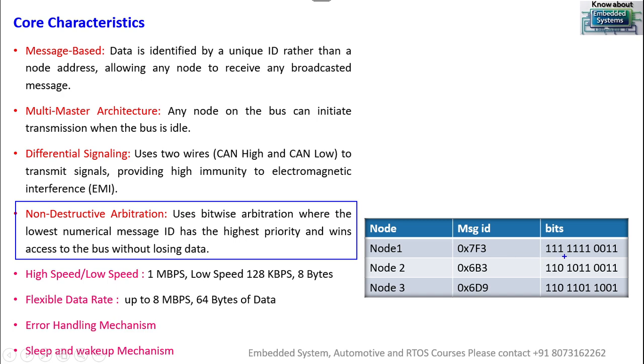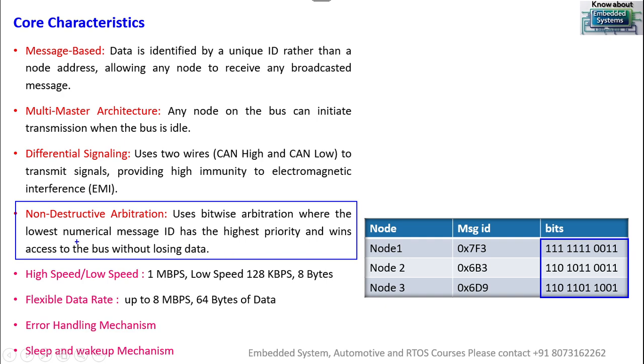Very simple. Whichever has the lowest number, that message will get prioritized. So in this example, B3 is the lowest number, right? If you compare, it performs a bitwise operation inside, so bitwise arbitration takes place in the CAN protocol.